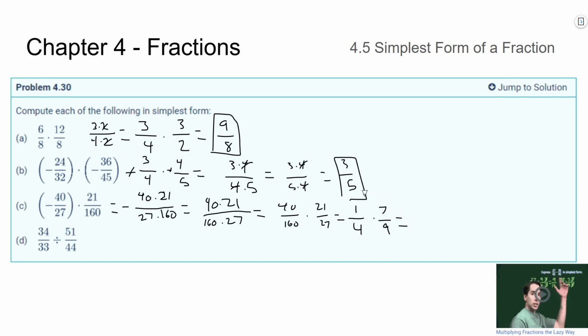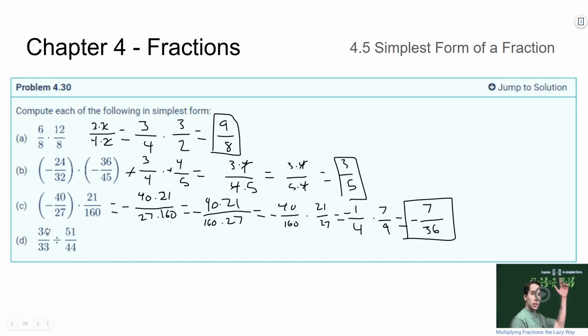Okay, well, these are a lot easier numbers to be multiplying instead of these big numbers. Also, we've got to remember a negative sign. So look back at the original problem, remember that this is going to be negative. So carry a negative through. So 7 times 1 is 7, and 4 times 9 would be 36. And it looks like that's in simplest form already. 7 is a prime, and 36 is not a multiple of 7.